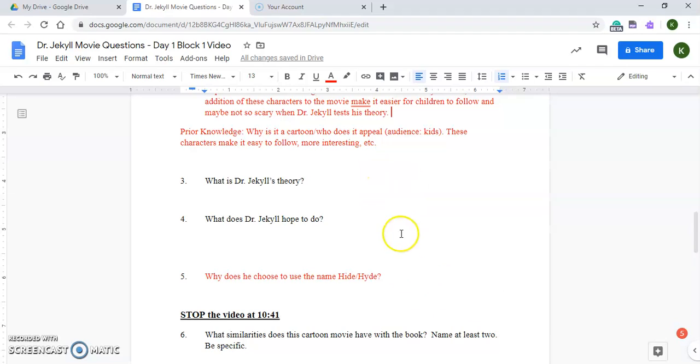And so if I'm looking at the order of the questions, because they go in chronological, which means time, Greek and Latin, okay, time order. So we go from the nanny telling the story to Dr. Jekyll's theory to what he hopes to do, okay? And then I'm going to look at, well, this guy Hyde comes around and what's his purpose? And remember, the words hide and Hyde, you have to think about, well, what do those words actually mean?